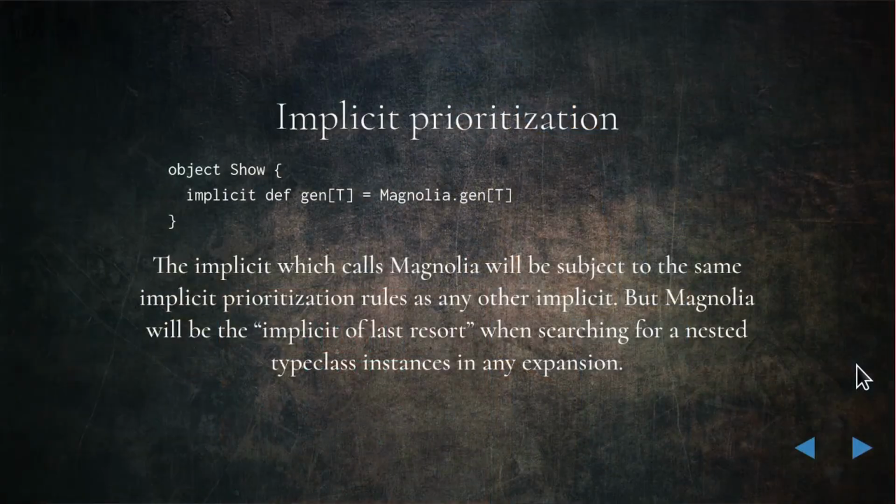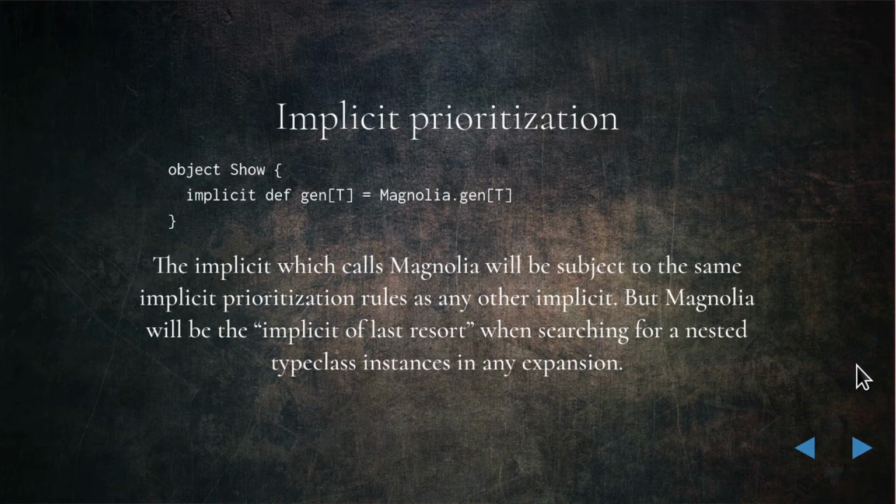But for any recursive call to Magnolia, so when it's deriving a nested case class, for example, that will be beaten by the existence of any other implicit that's in scope, even in companion objects, even if they would have had a lower priority than the Magnolia definition.